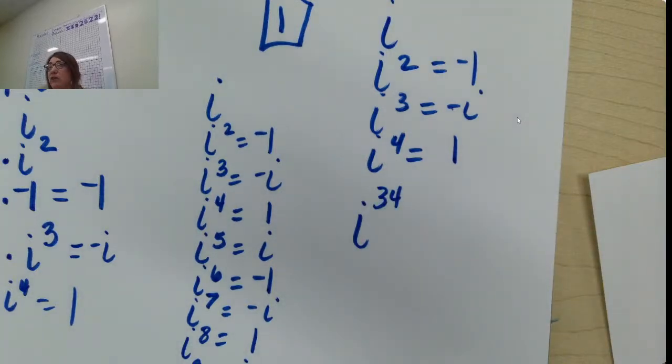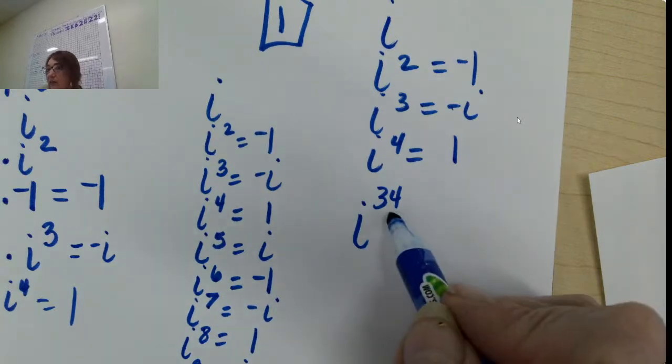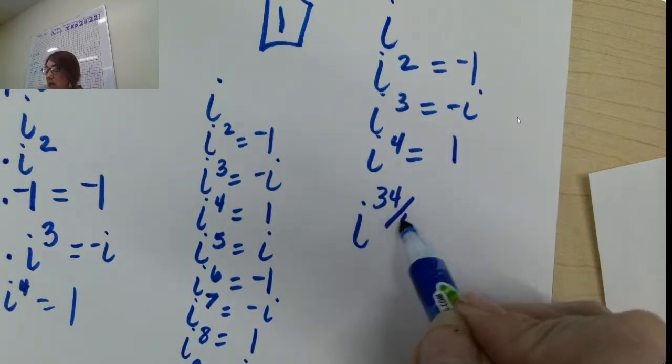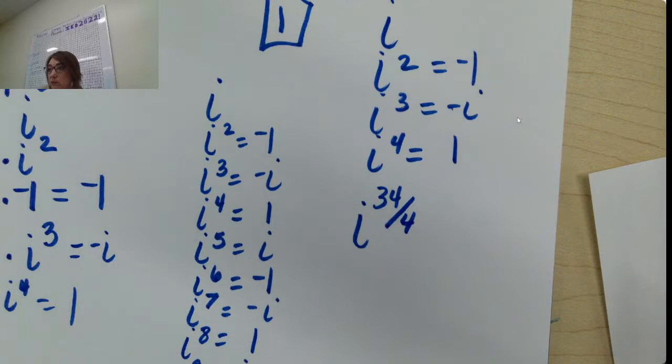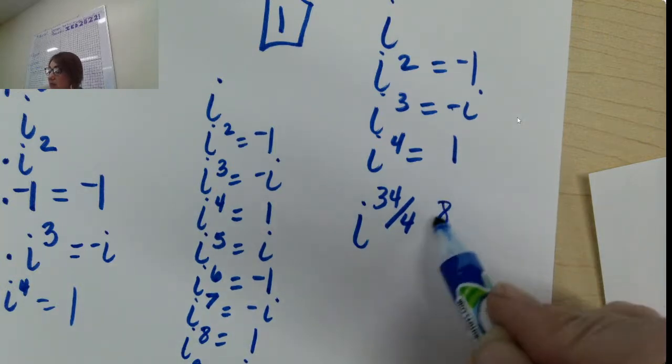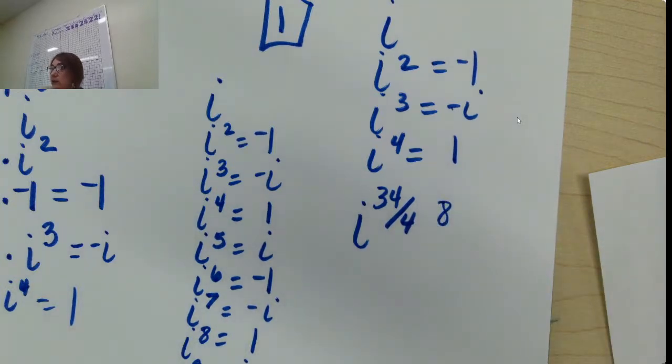So all we have to do to figure out what I to the 34th power is take that 34 and divide by 4. Now, we're not going to get a decimal. We're using remainder. So 4 goes into 34 how many times? 8. 8 times 4 is 32, right?